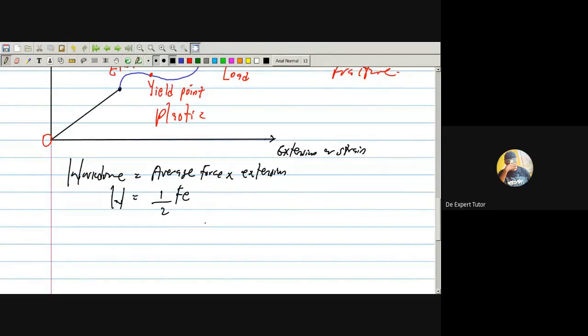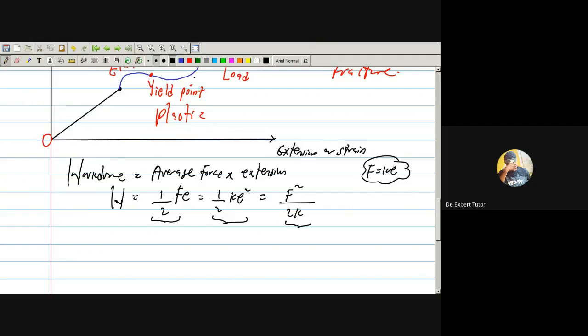Another formula you can use, if you apply Hooke's law, F equal to KE, is half KE squared. This is another formula you can use to find work done. Or you use F squared over 2K. All these formulas can be proved, but let us not waste our time on proving.